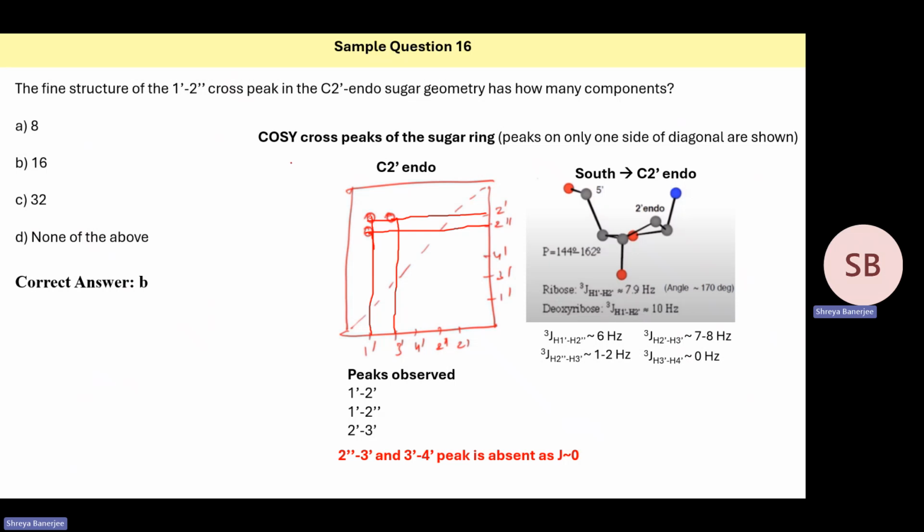So basically this is COSY, so we are only looking at adjacent hydrogens.